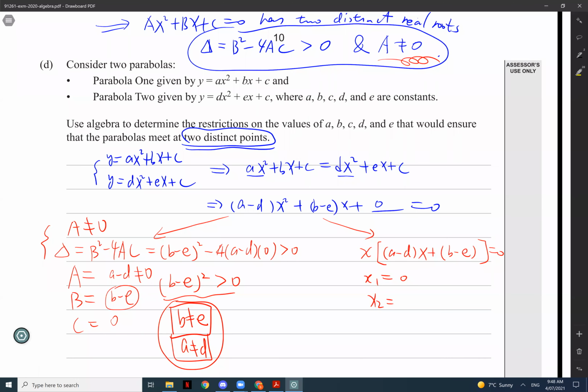Donato, what's x2? Isabella, what's x2? Just solve this one equals 0. Negative (b minus e) over (a minus d).